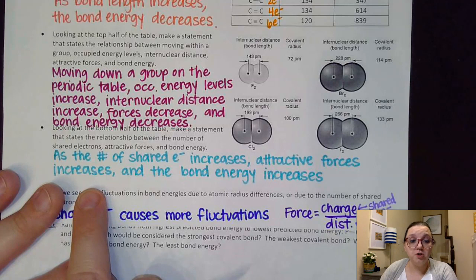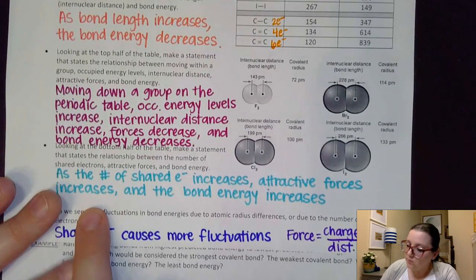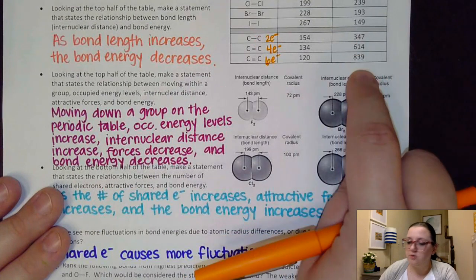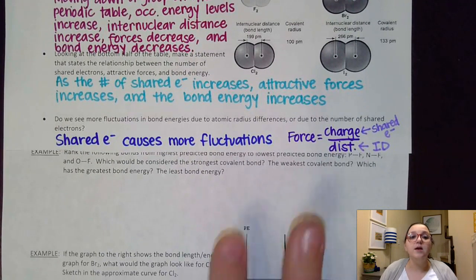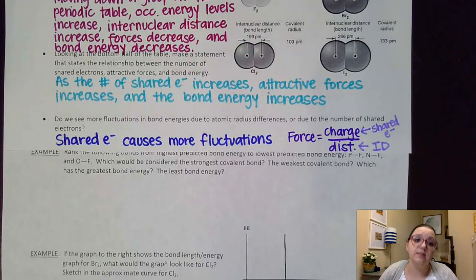Because if there's more shared things, we're going to be holding things more tightly together. And we can see that that bond energy would increase. So where with ionics, we talked about ionic charge playing a role, here with covalence, the number of shared electrons is going to play a role instead.